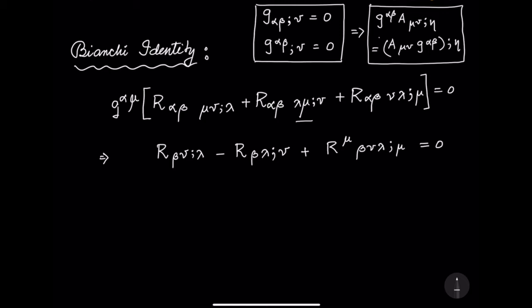You do the same exercise once more, now multiplying with g^{beta nu}. Why do I do that? You can see that the first term just becomes R. Let me write down all the terms, and we'll do it in the next line.